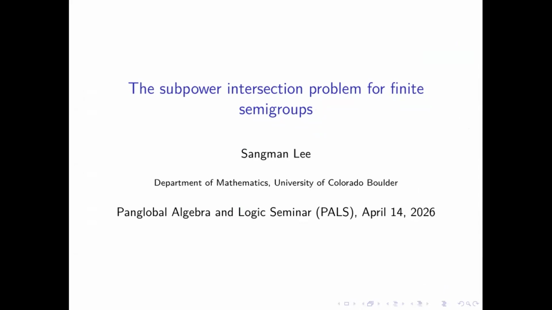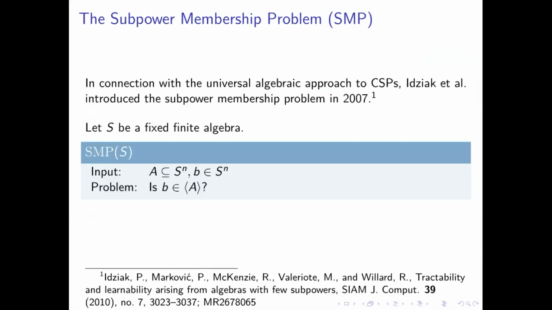Let's begin with the motivational problem, the subpower membership problem. In 2007, in connection with the universal algebraic approach to CSPs, Idziak and his colleagues introduced the subpower membership problem. So SMP: let S be any fixed finite algebra.